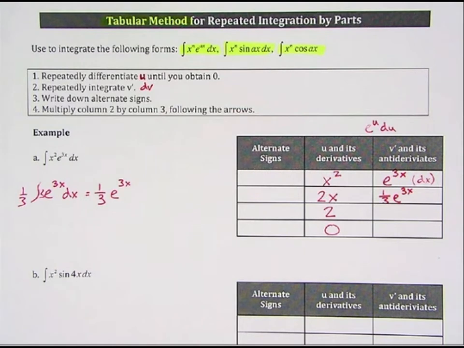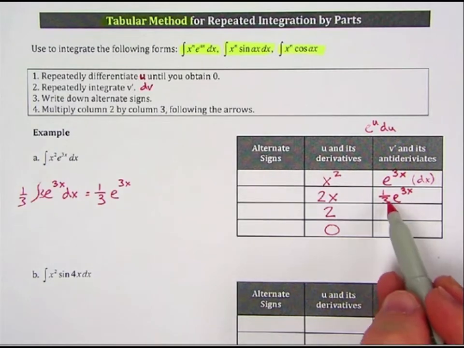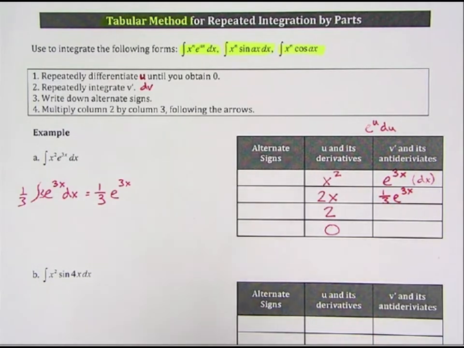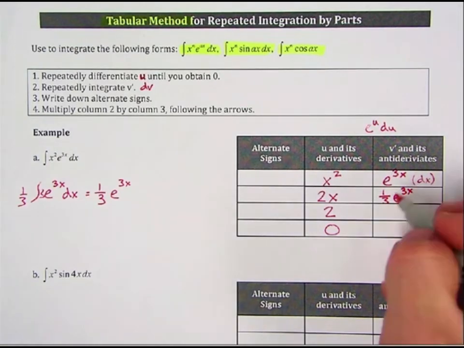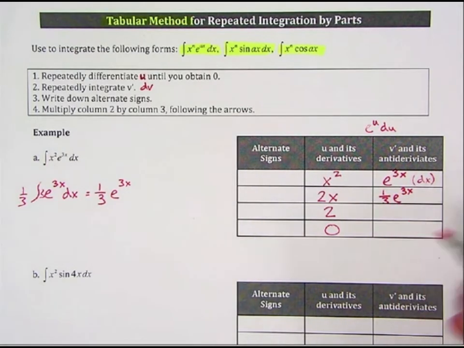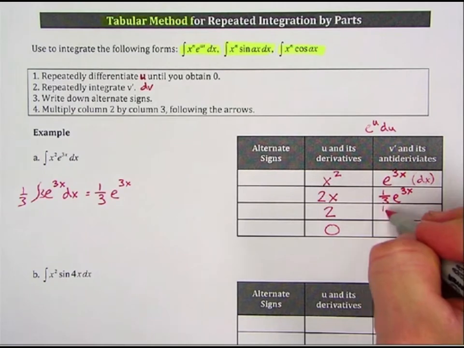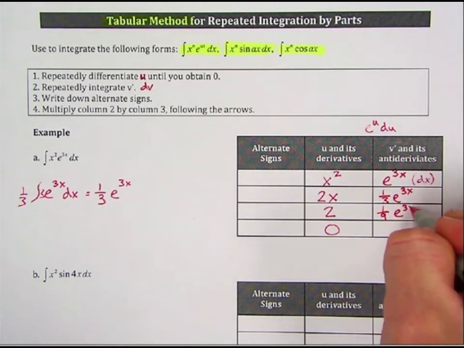And when you're looking at e to the whatever, we're going to have a pattern as we keep integrating this, because the constant in front doesn't actually change the integral. It's just the factor in front. So it's going to be 1/3 times 1/3 e to the 3x, which would be 1/9 e to the 3x.